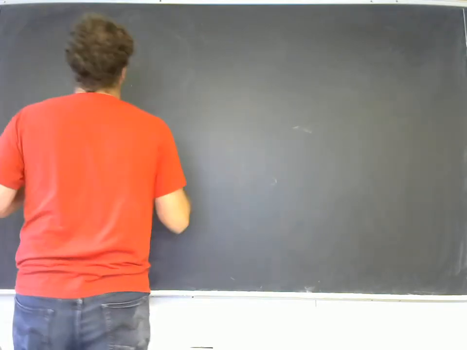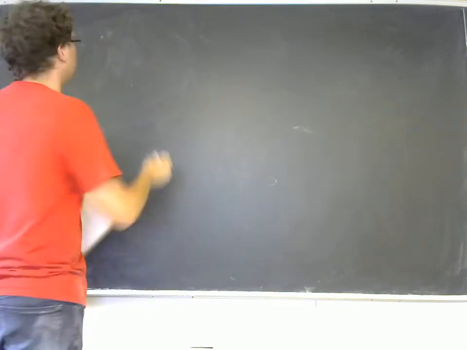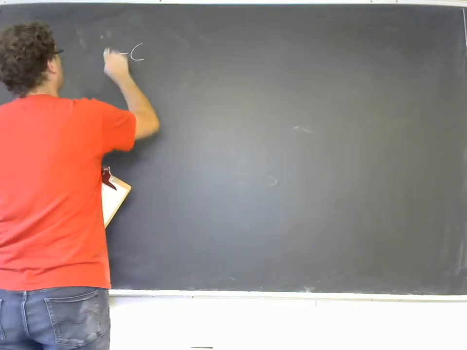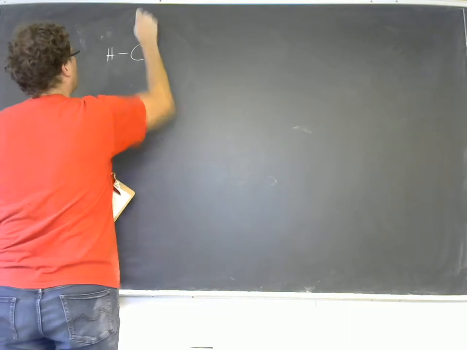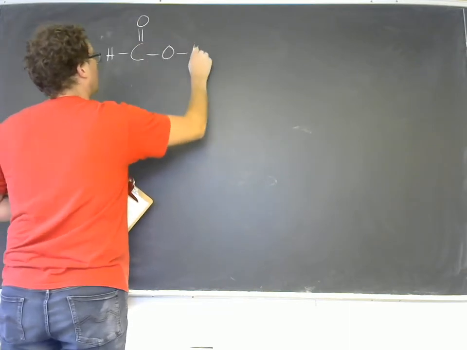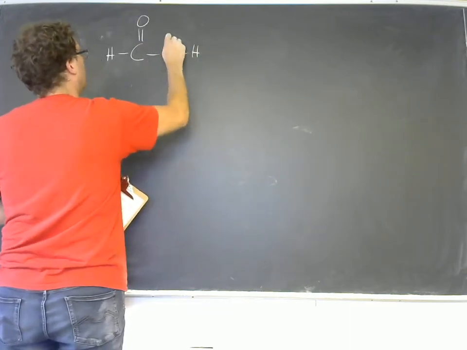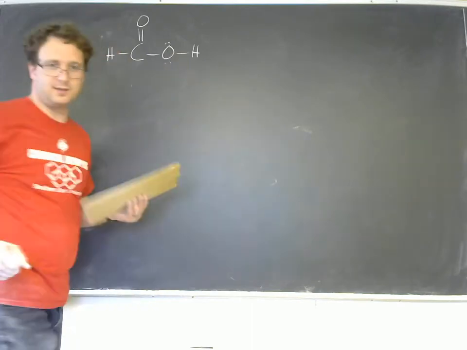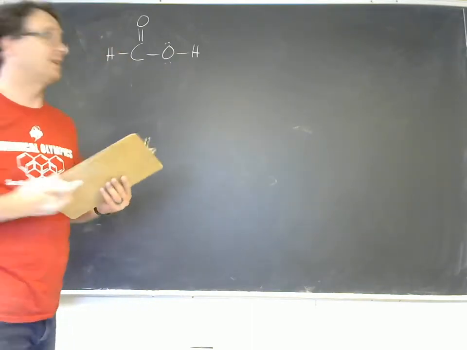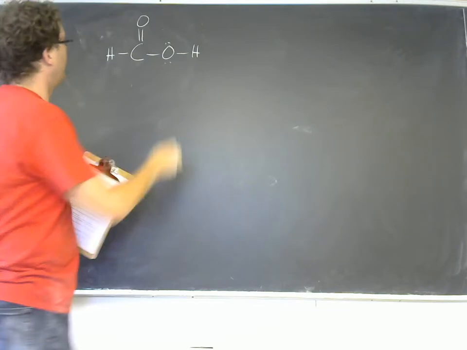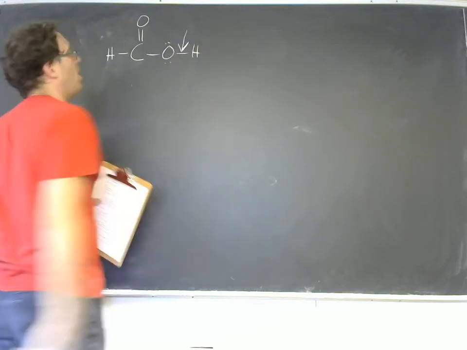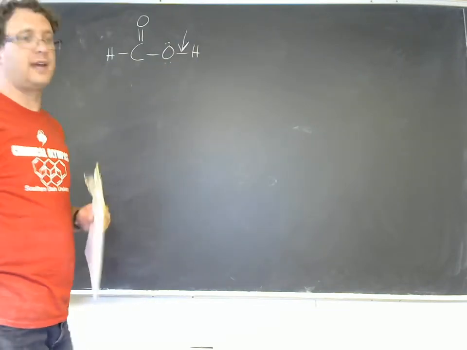Okay, now let's actually look at acetic acid, or let's just look at its simpler cousin, formic acid. Formic acid is a decently strong acid, and this is the bond that will be broken in acid-base chemistry.